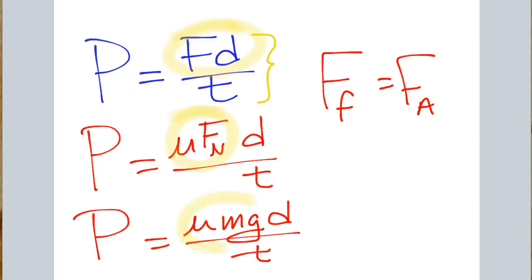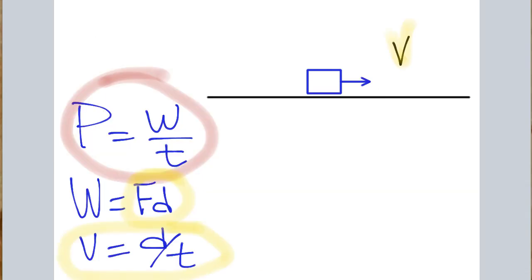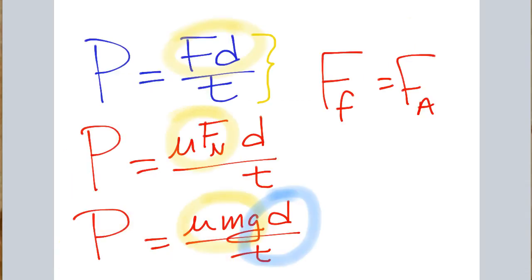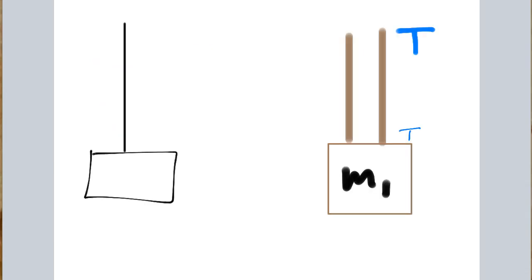So the force of friction is mu times mass times gravity. And if we're talking about a constant velocity, it's distance divided by time. So you can think about how to put these three formulas together to end up with this more sophisticated expression for power if you know the mass, the coefficient of friction, the distance and the time, if the velocity is constant. So that's a little bit of algebra there.